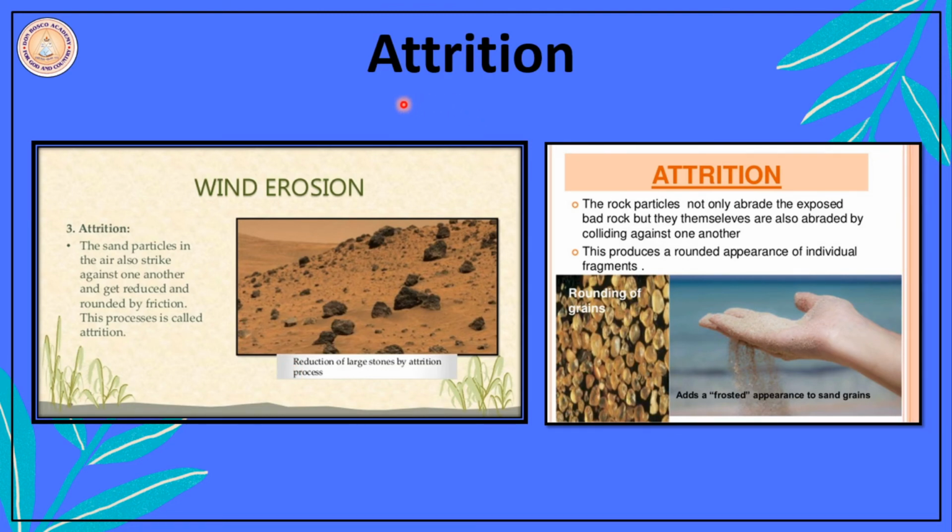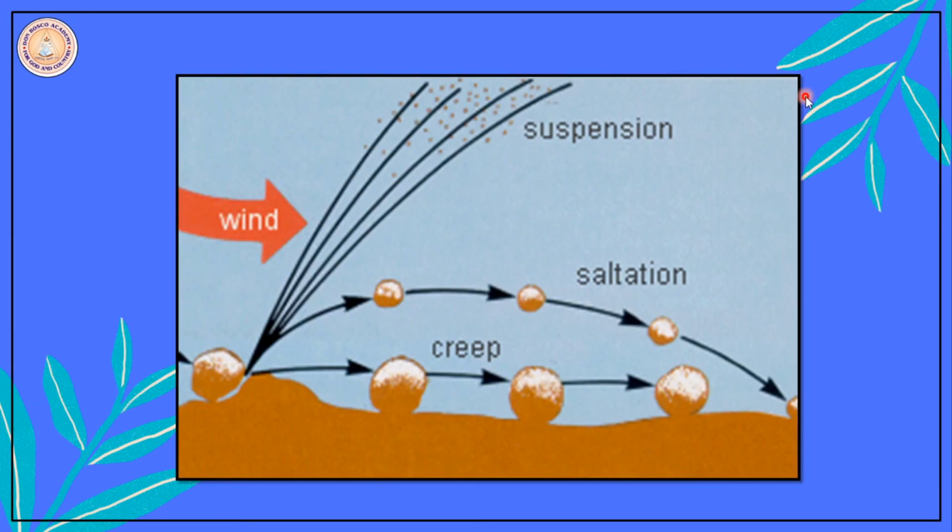Attrition is when the sand particles roll and collide against one another while blowing with the sand. So we have already learnt how the wind is carrying suspended particles along with it, and they are all rolling, colliding against one another while they are blowing along with the sand.